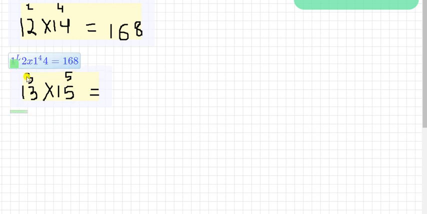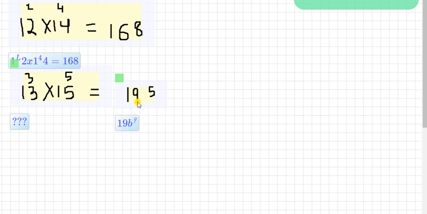We multiply 3 into 5, that is 15. We will write only 5 and 1 will be carried. Then 13 plus 5 is 18, and 18 plus 1 is 19. So when 13 is multiplied with 15, we get 195.